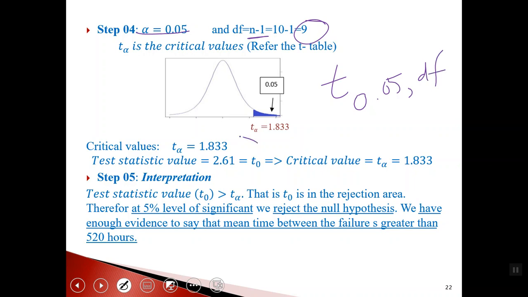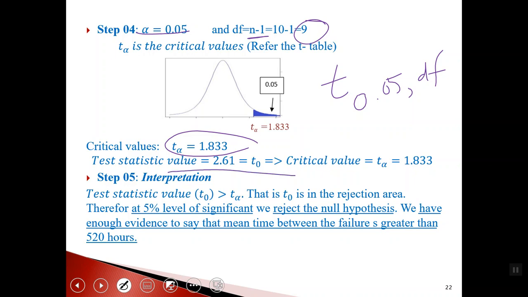That value is 1.833. So you have your t alpha value and your t naught value. t alpha is 1.833, t naught is 2.61.